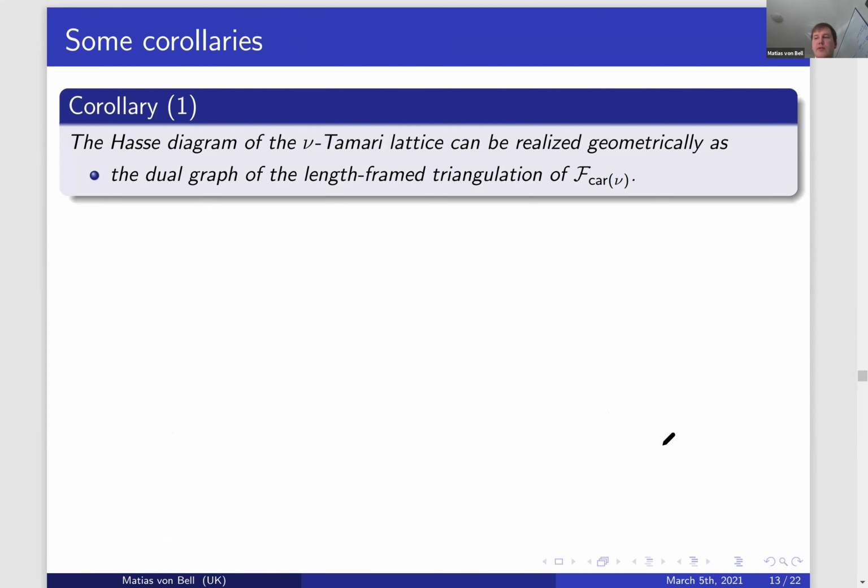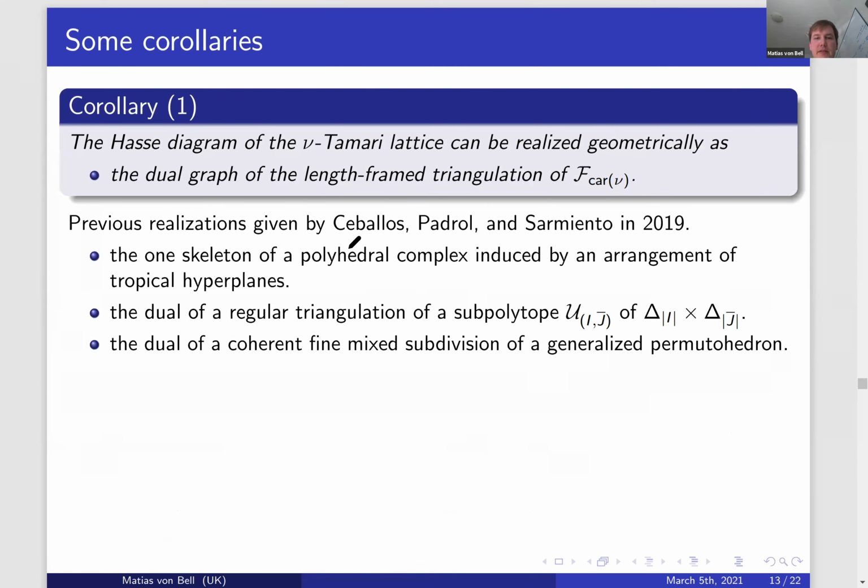Okay, so some corollaries that follow from this: it gives the geometric realization of the nu-Tamari lattice as the dual graph of the length frame triangulation of our flow polytope. But this isn't the first such realization. There have been plenty of others by Ceballos, Padrol, and Sarmiento, who initially studied it.